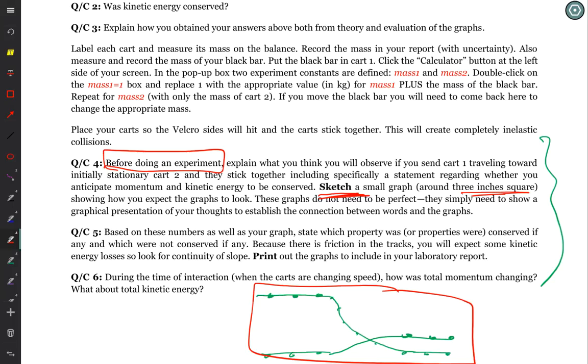One question that Yafet asked me was, why are you looking at the data for cart 1 in the very first question? Cart 1 and cart 2 should be exactly on top of each other. The first question has you just put the cart on here and push it and let it go all the way across. The reason for that is so we can make sure that both detectors see the cart all the way across the track. That's the point of doing that.